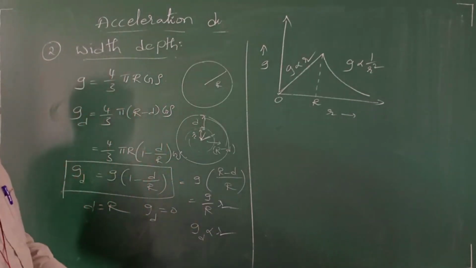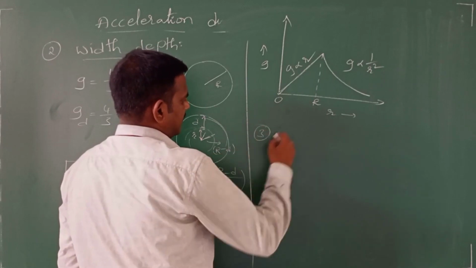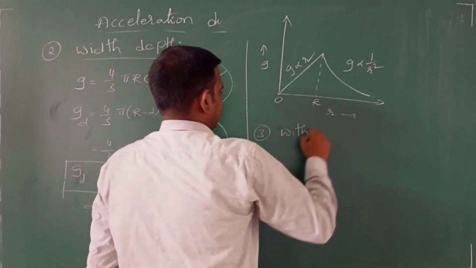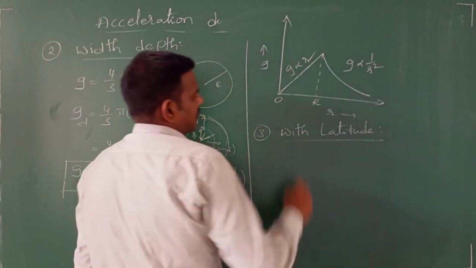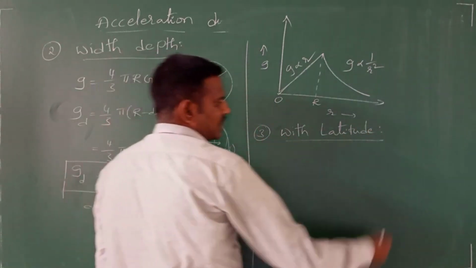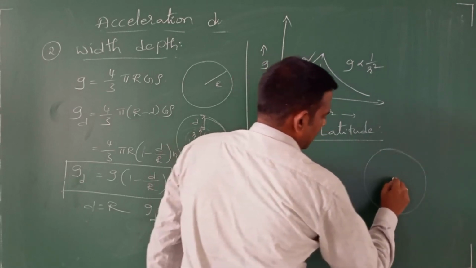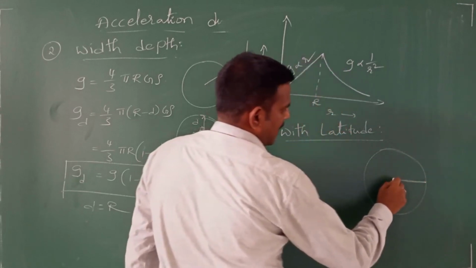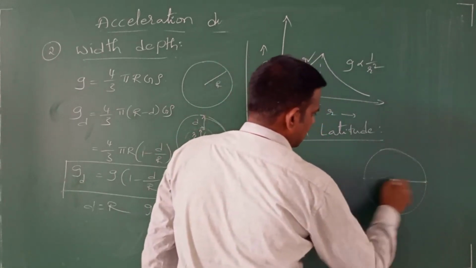Understood, everyone? Okay. Now we will go for the variation of the acceleration due to gravity with the latitude. What is the meaning of latitude? If this is an earth surface, let us suppose, and we have one imaginary line which is representing the equator.